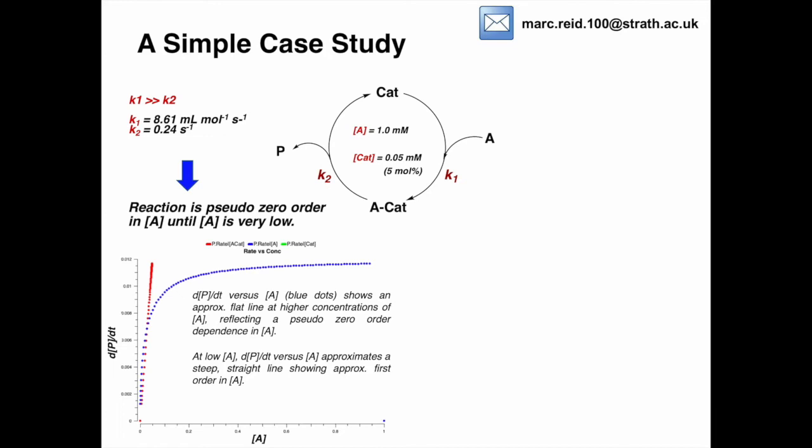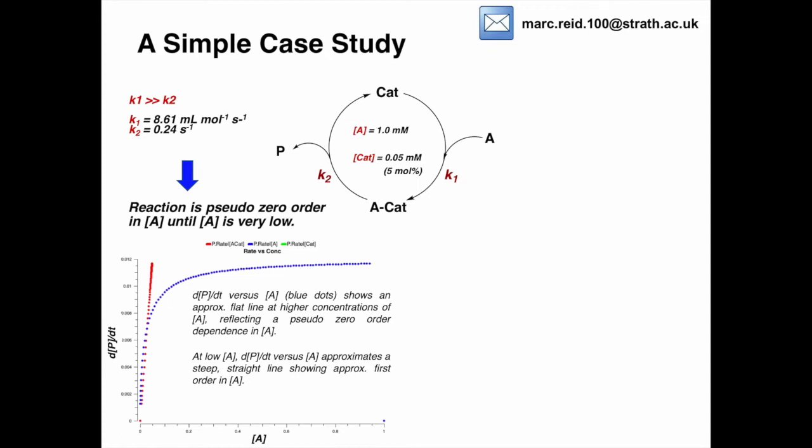As we scan from right to left along the x-axis, at lower concentrations of A, the rate of formation of product approximates a steep straight line, showing approximately first order dependence in A. Note that at lower concentrations of A, the first step becomes turnover limiting.